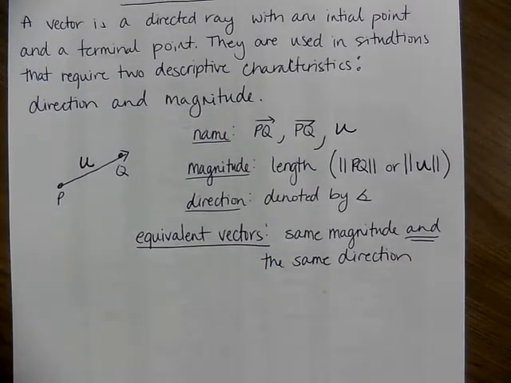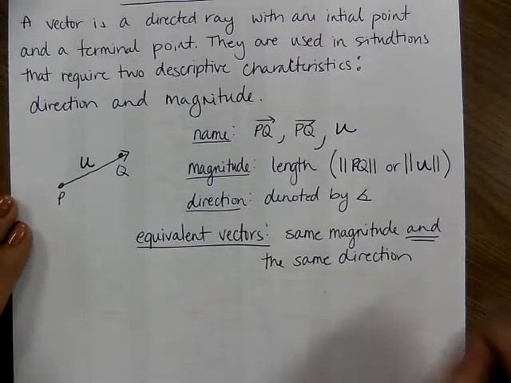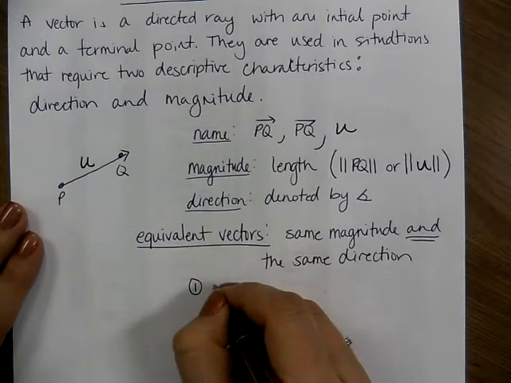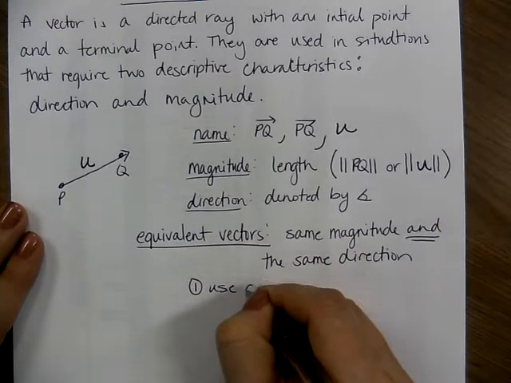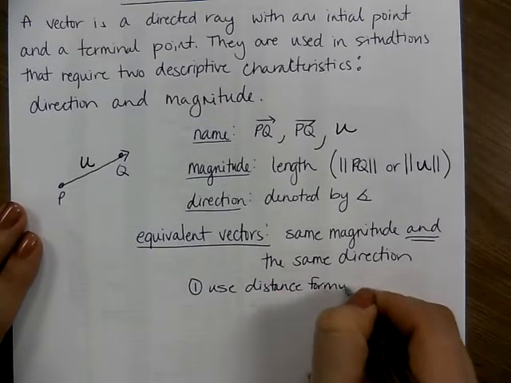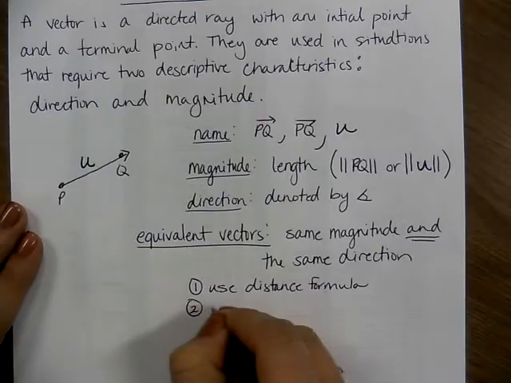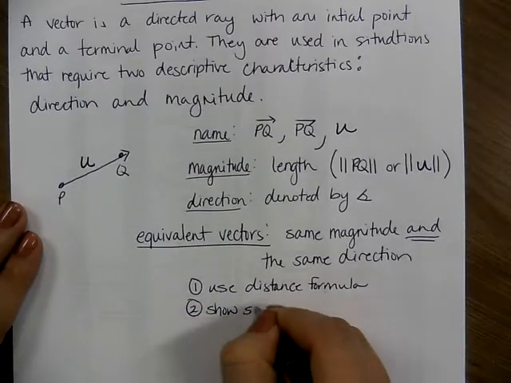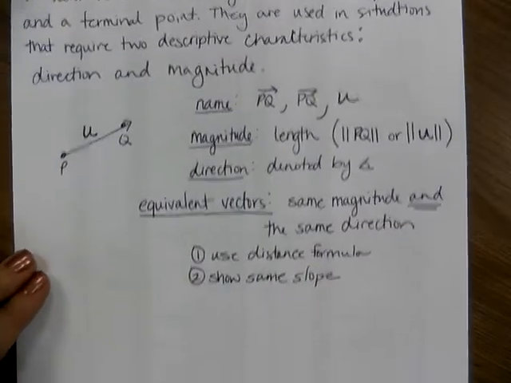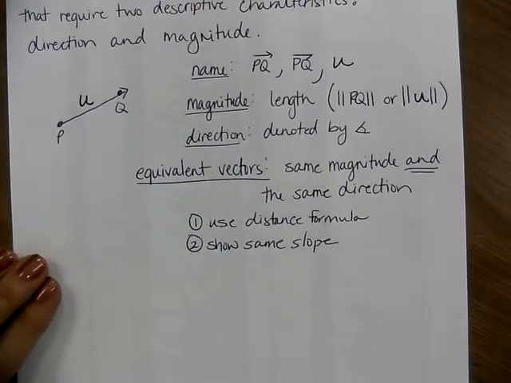So in order for equivalent vectors to exist, they have to have the same distance, or the same magnitude, and then the same direction. They have to go at the same directional angle. To show that these are equivalent vectors, you're going to do two things. You're going to use the distance formula, and then you're also going to show that they have the same slope. If you can show both of those things are the same, then you know that the vectors are equivalent.